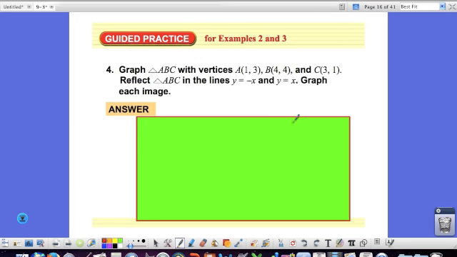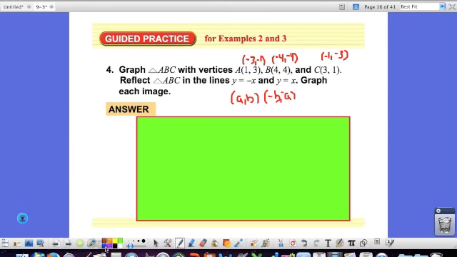For y equals negative x, you're going to take (a, b) and turn it into (negative b, negative a). So this (1, 3) is going to become (negative 3, negative 1). B is going to become (negative 4, negative 4). And C is going to become (negative 1, negative 3).